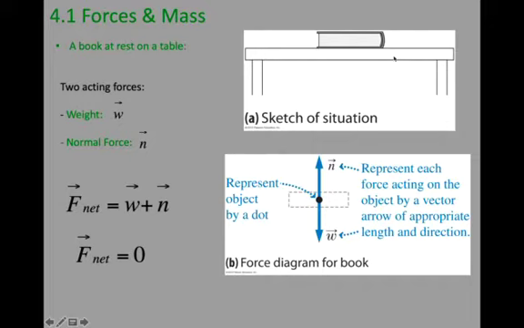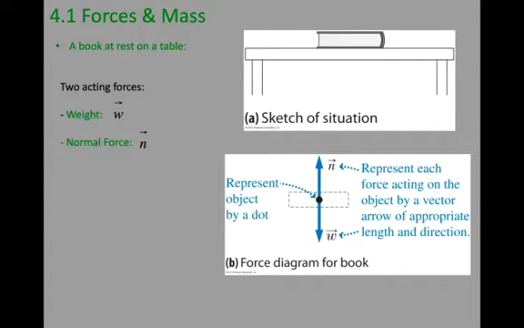One force is pulling this book downwards, and this is the force of gravity. As usual, gravity always goes downward. But at the same time, the table itself is applying a force on the book to push it upwards. As long as the book isn't moving, the summation of the forces is equal to 0.